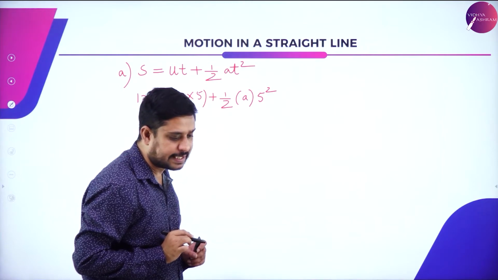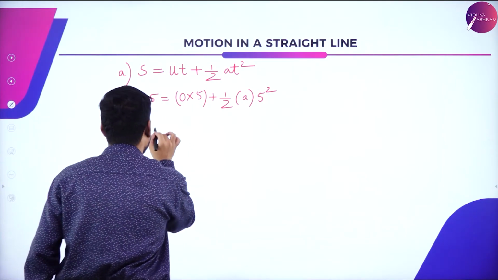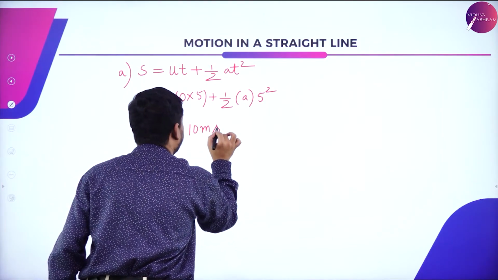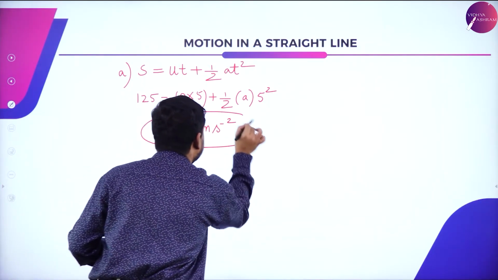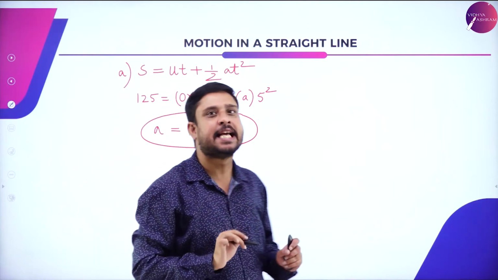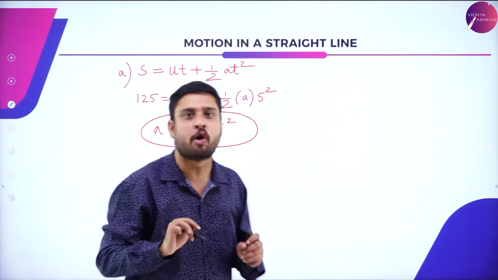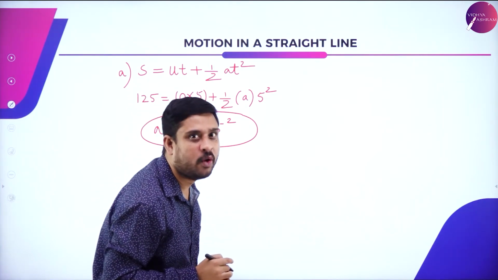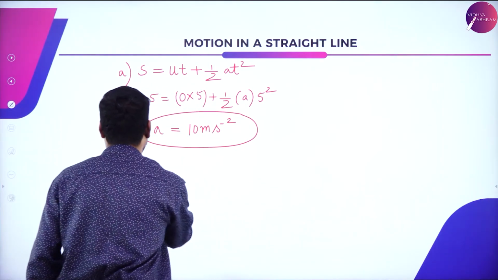So on simplification, acceleration is 10 meter per second square. So I have calculated the acceleration of the body in this case, from which now I need to calculate force.